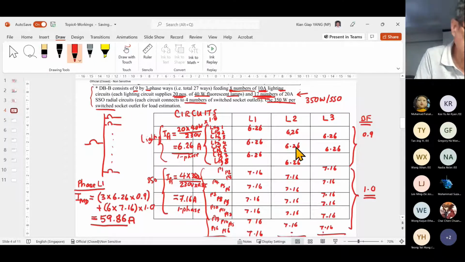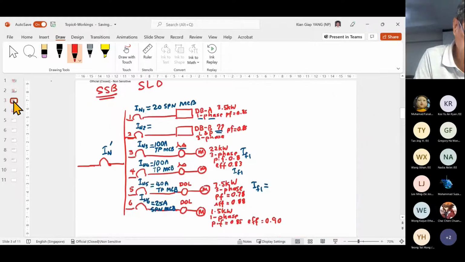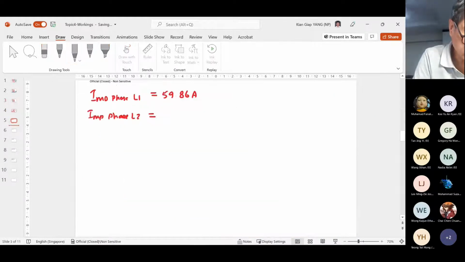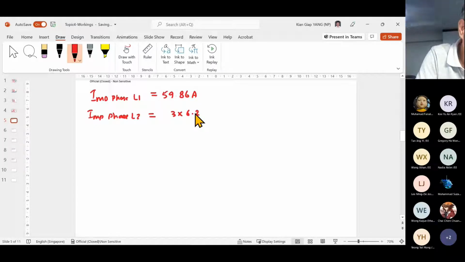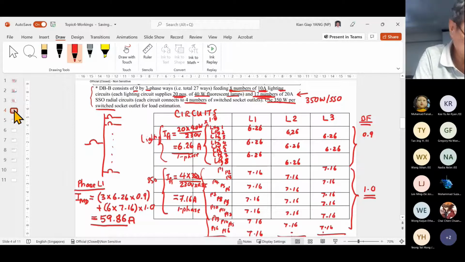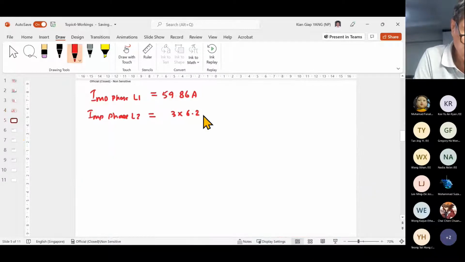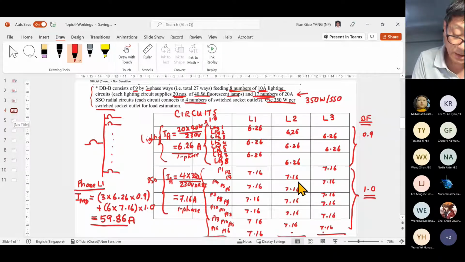I have 3 circuits, so 3 times 6.26 times 0.9, plus the SSO circuit.